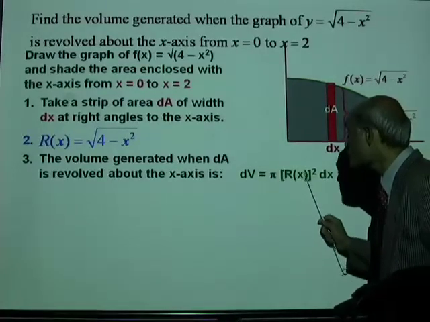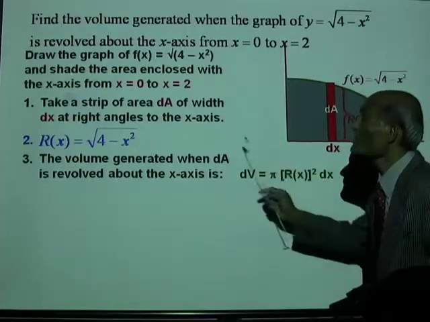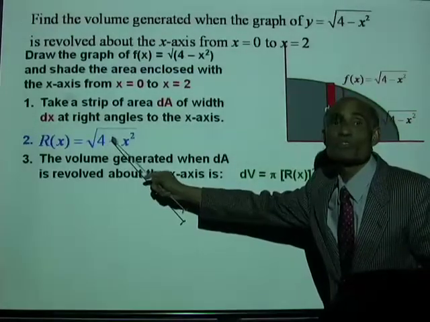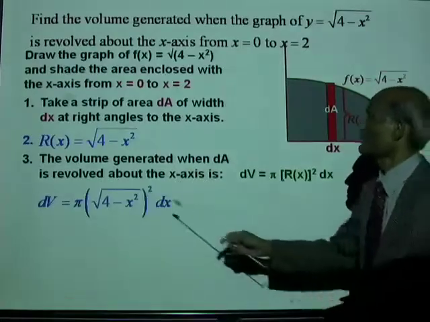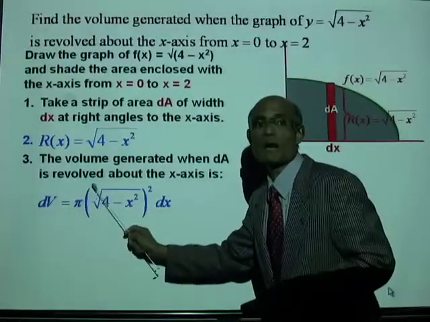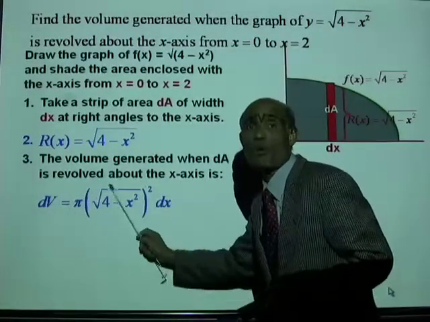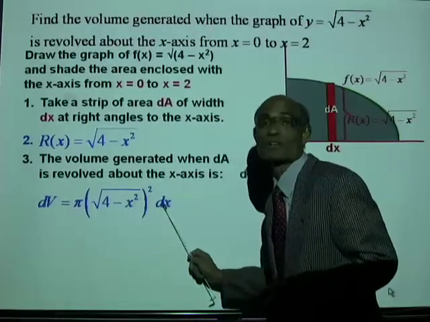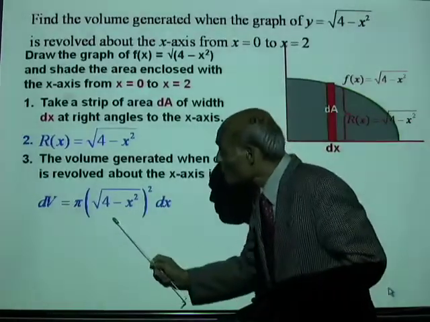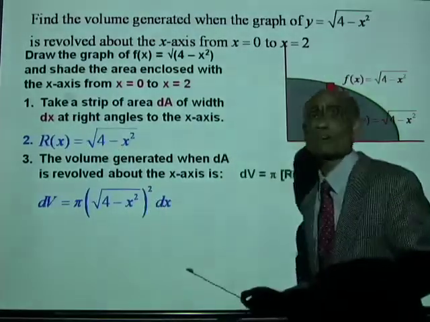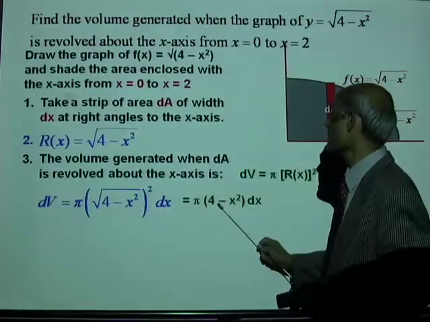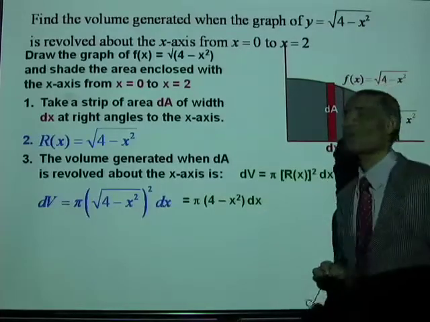R of x is the radius, and that radius is equal to this. So we replace r of x by this quantity. So that will be dV equal to pi times the square of the given function dx. And the square of a square root quantity will remove that square root. So that will be pi times 4 minus x squared dx.